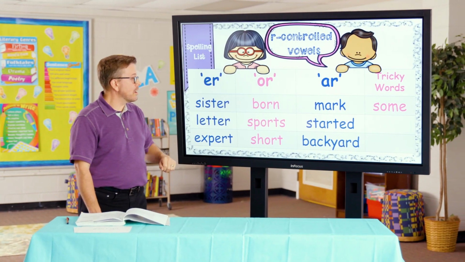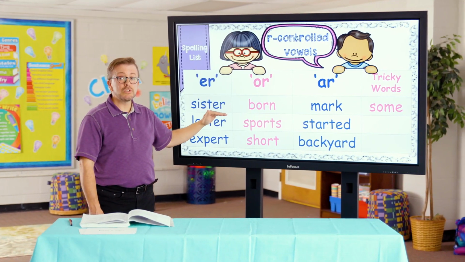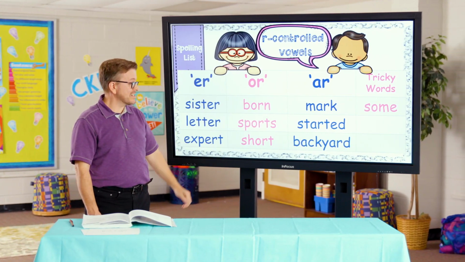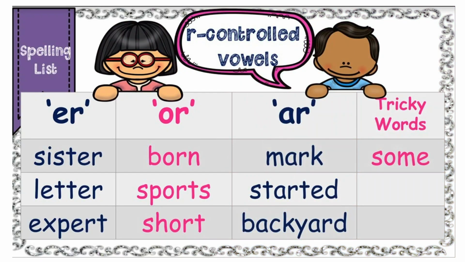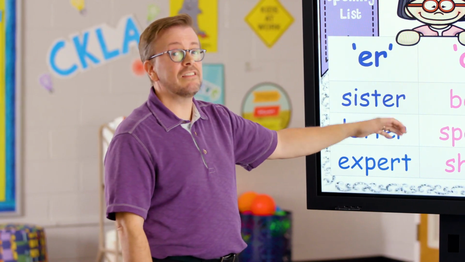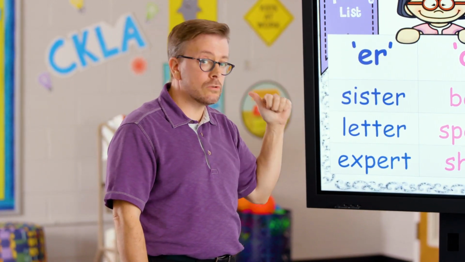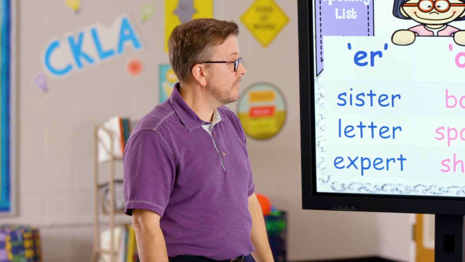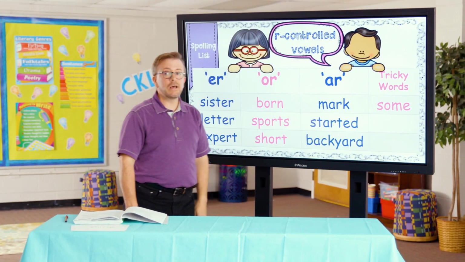We have the OR as in born, sports, and short. Then we are going to be looking at the AR: mark, started, and backyard. Keep those in mind because we have had these letter spellings, these R-controlled vowels, back in Unit 2. And then our tricky word is some.